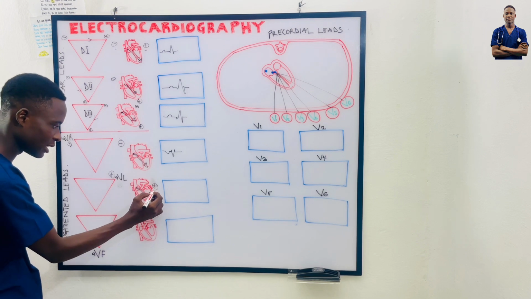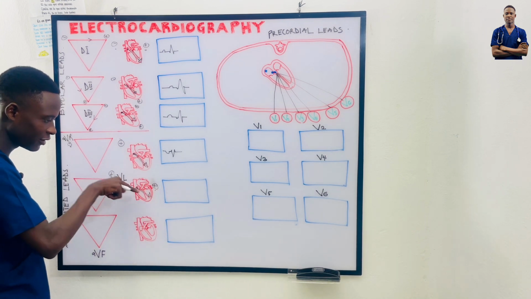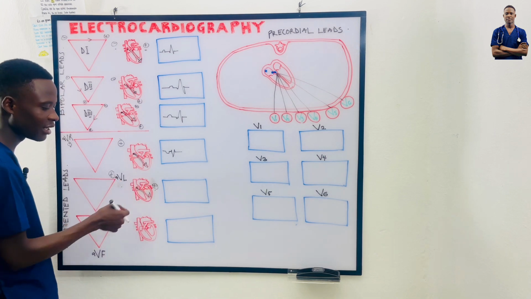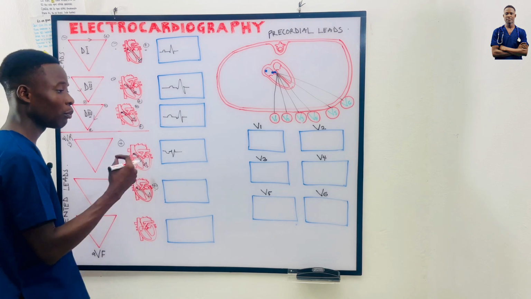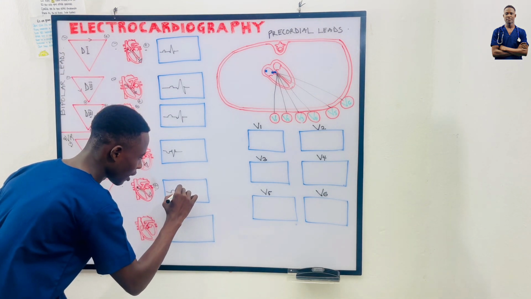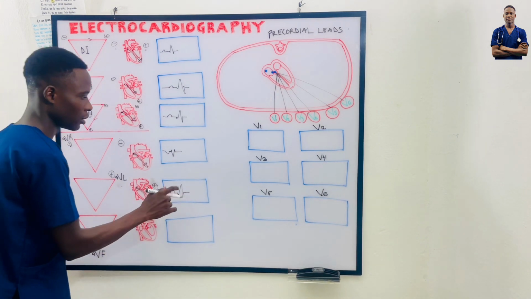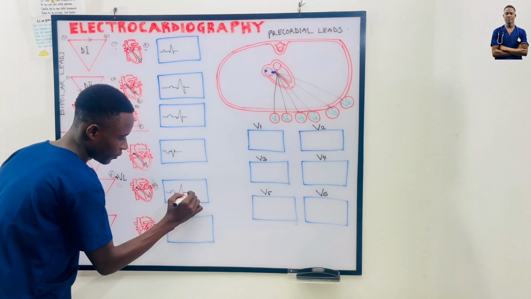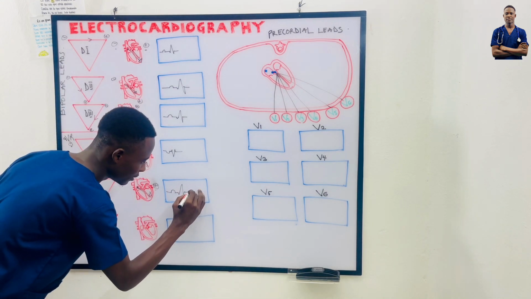So we see this is a little bit closer to the positive electrode, the direction to the positive electrode than the negative one generated by the heart. So because of that, this gives us a positive reading. So we are going to get our P wave, our QRS complex, and then our T wave.